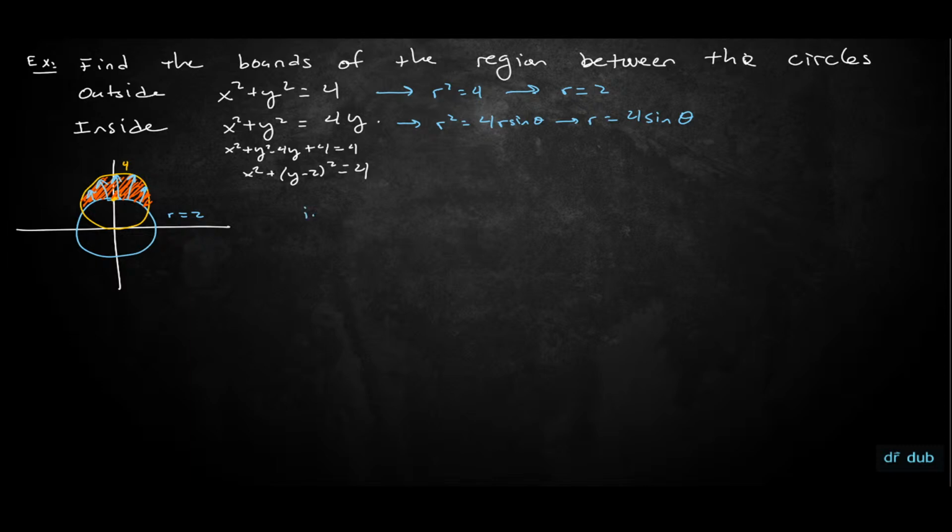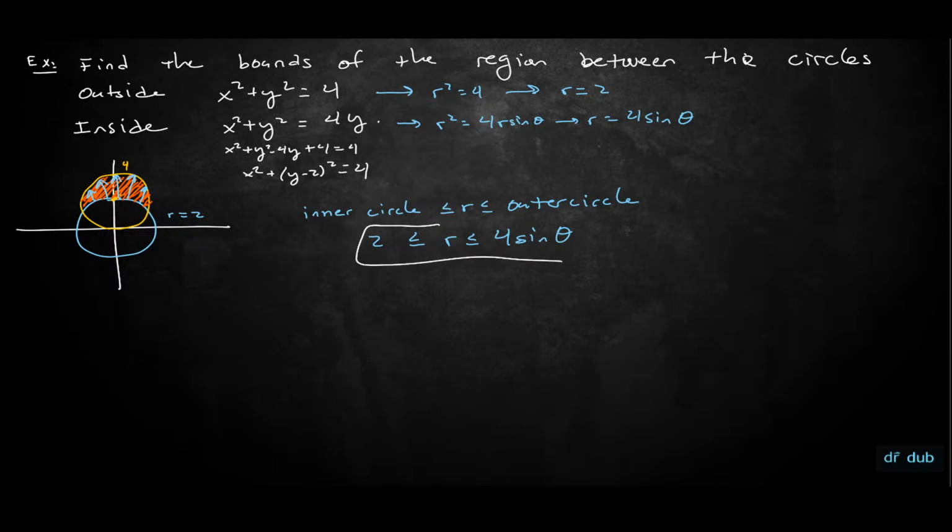So r is bounded between the inner circle, less than or equal to r, less than or equal to the outer circle. The inner circle is just r equals 2. The outer circle is 4 sine theta. Those are our bounds for r.